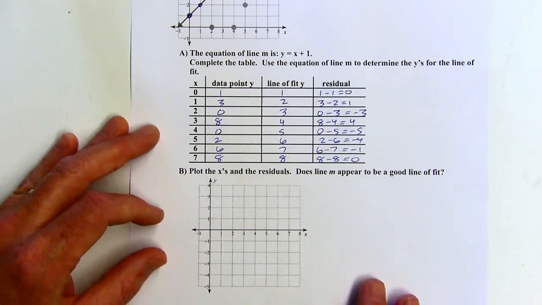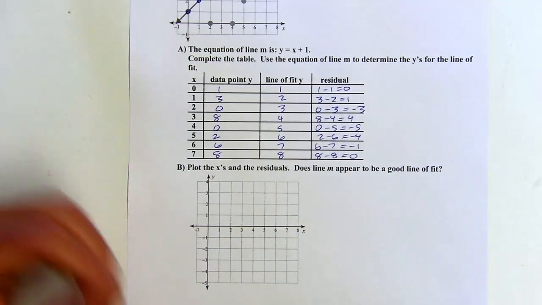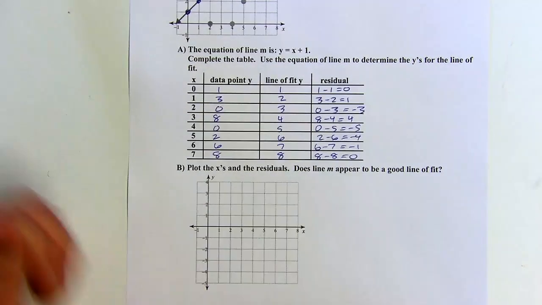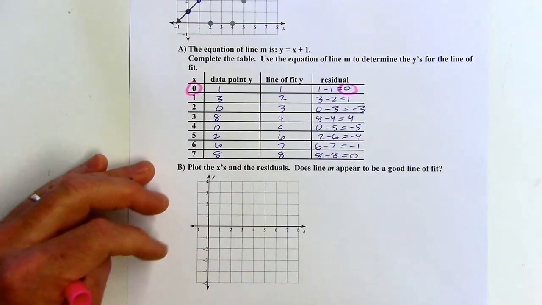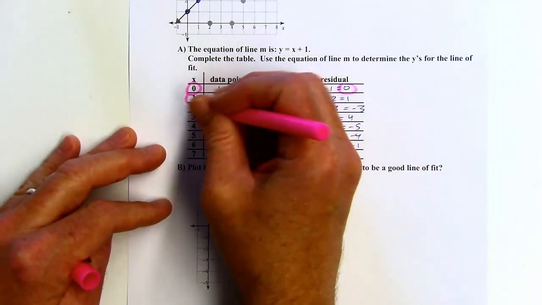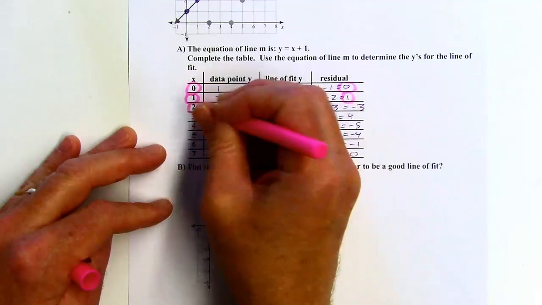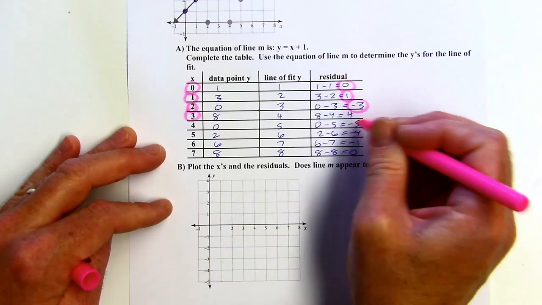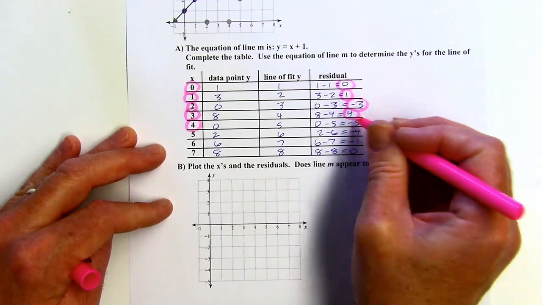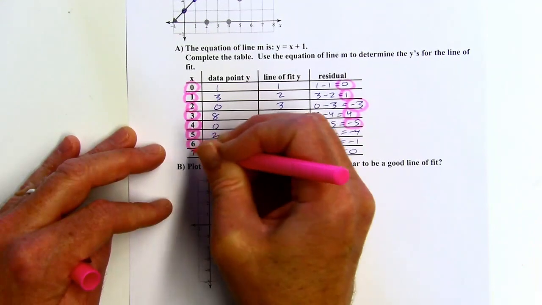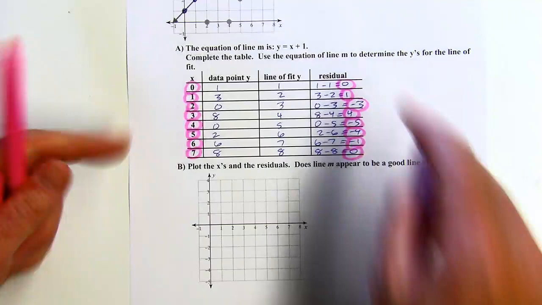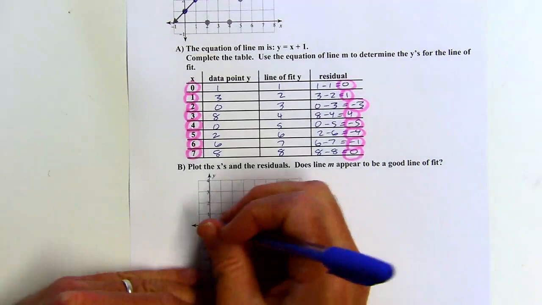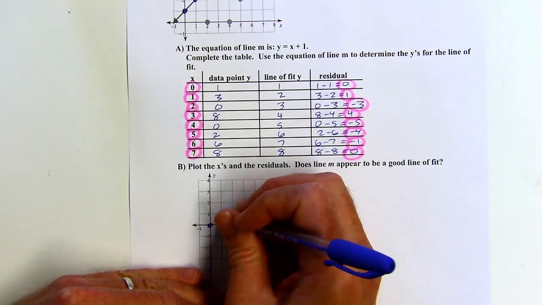And now I'm going to plot the x's and the residuals, like xy pairs, okay? So I'm going to be plotting these. Okay, so 0, 0 would be the first x residual pair. Then 1, 1.